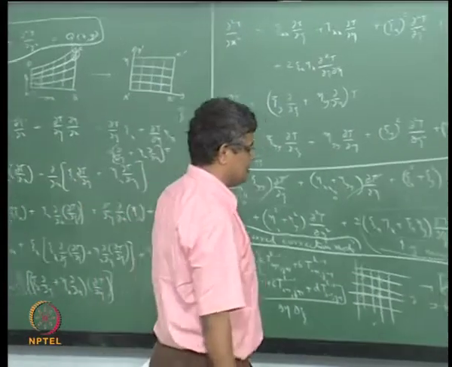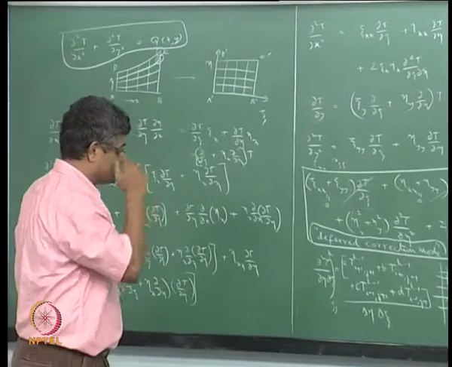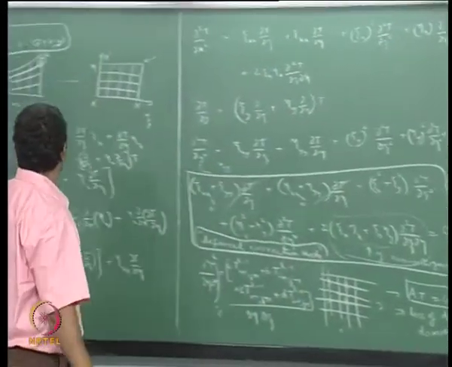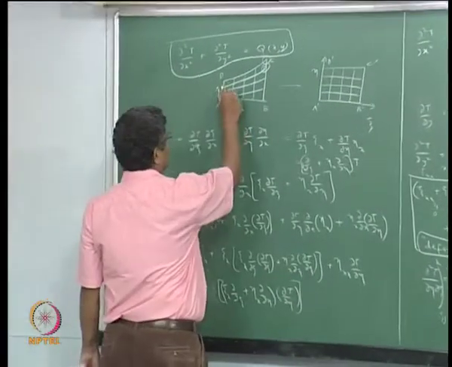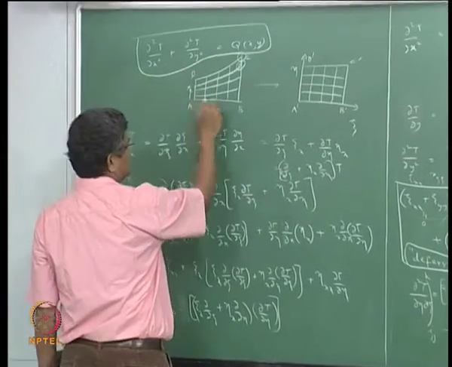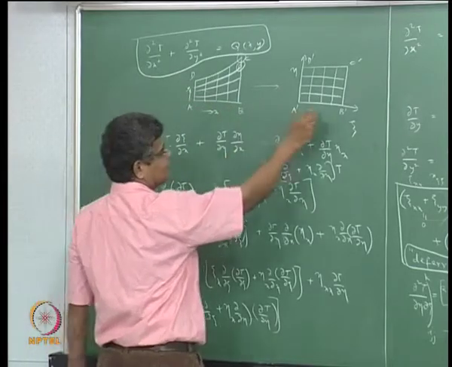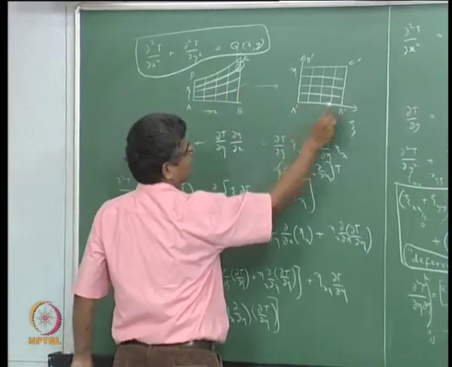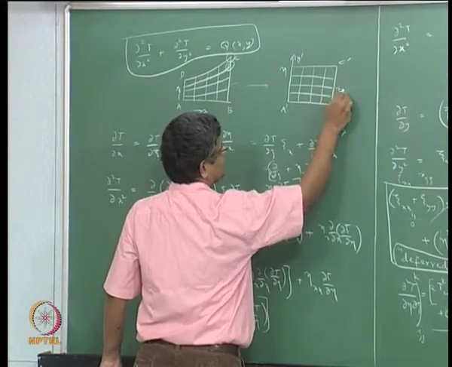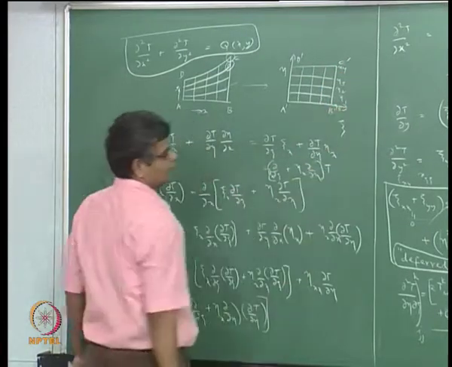So the idea of the computational plane approach now is to solve this equation for a given relation between these lines and these lines. So we are trying to map the physical domain like this into this. For example, say this is eta 1, eta 2, eta 3, eta 4 and eta 0.